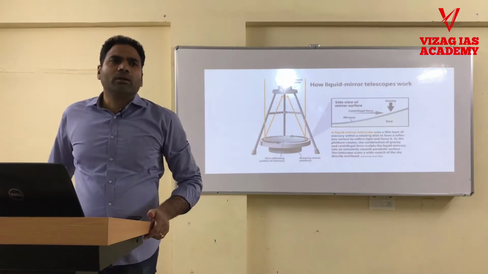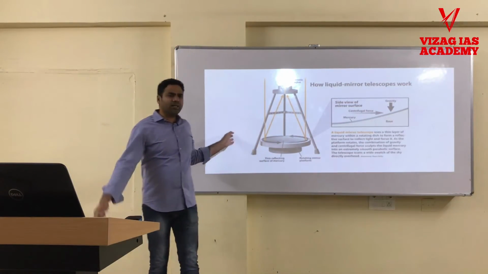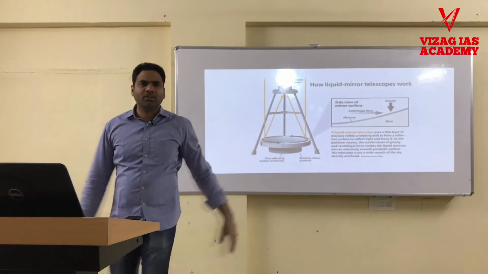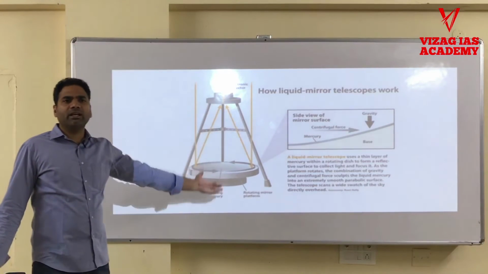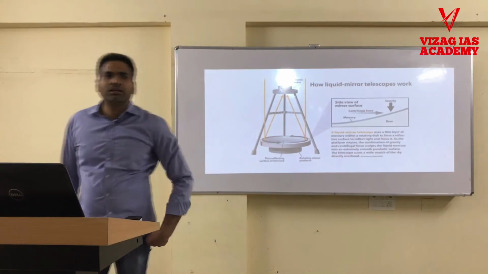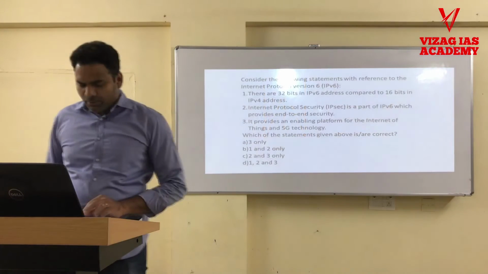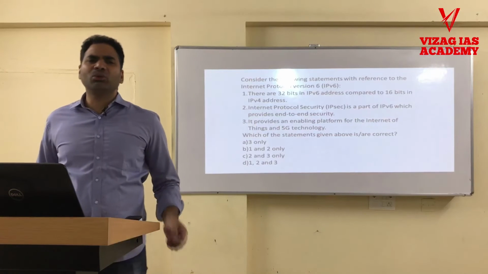Instead of glass, you are using highly reflective mercury, and it covers a large area. The disadvantage is you cannot move it. It can just watch the area right above it. Got it?